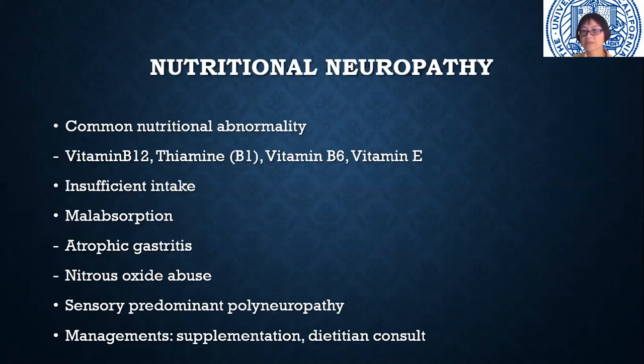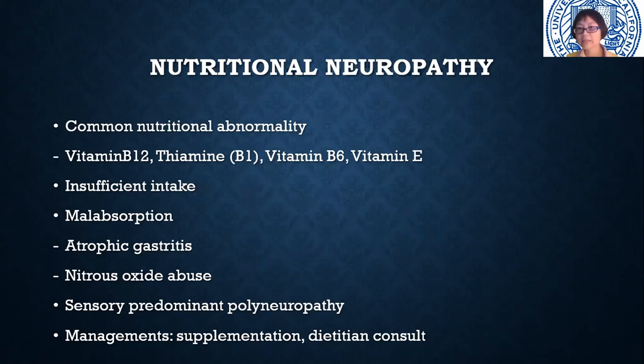Nutritional neuropathy nowadays is less common, but it's still an important cause of peripheral neuropathy. The common deficits include B12, thiamine (B1), B6, and vitamin E, usually related to insufficient intake from the food or other nutrition, but it could also be from malabsorption.